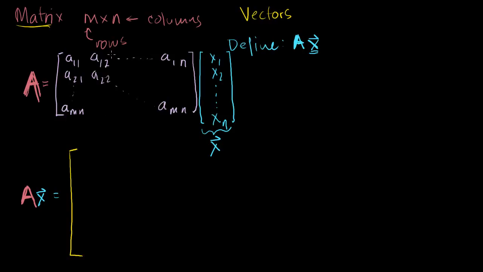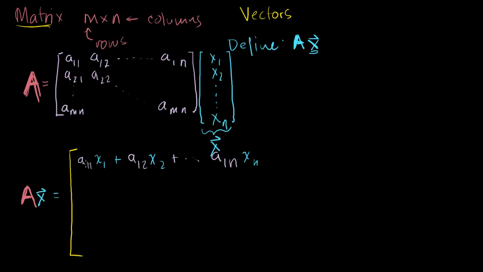You're going to take each row. We're going to show you that there are multiple ways to visualize this, but it's going to be a11 times x1 plus a12 times x2, all the way to plus a1n times xn.